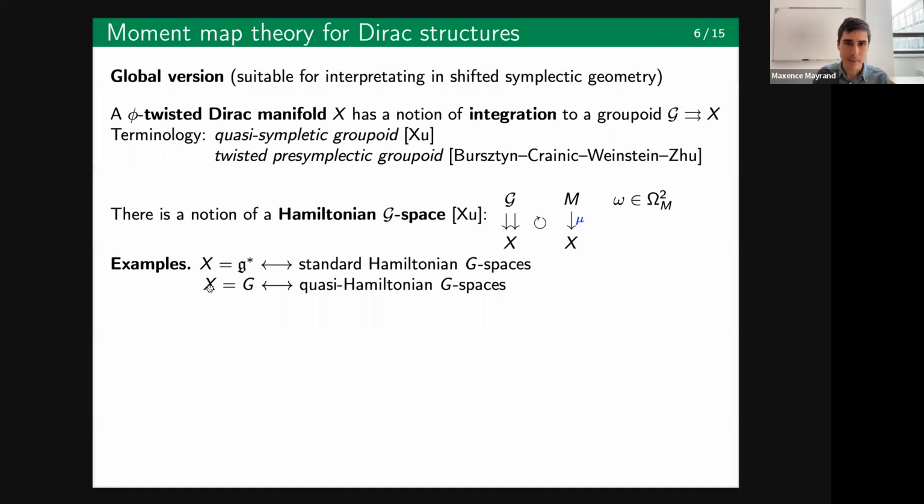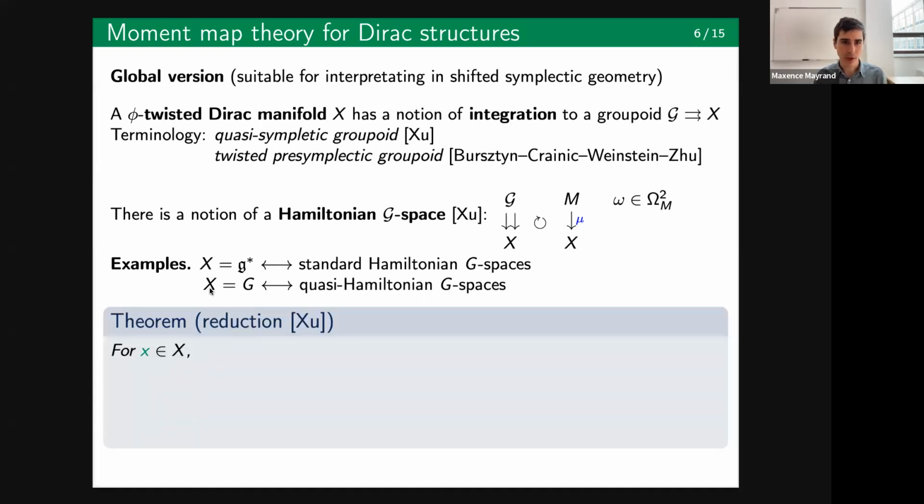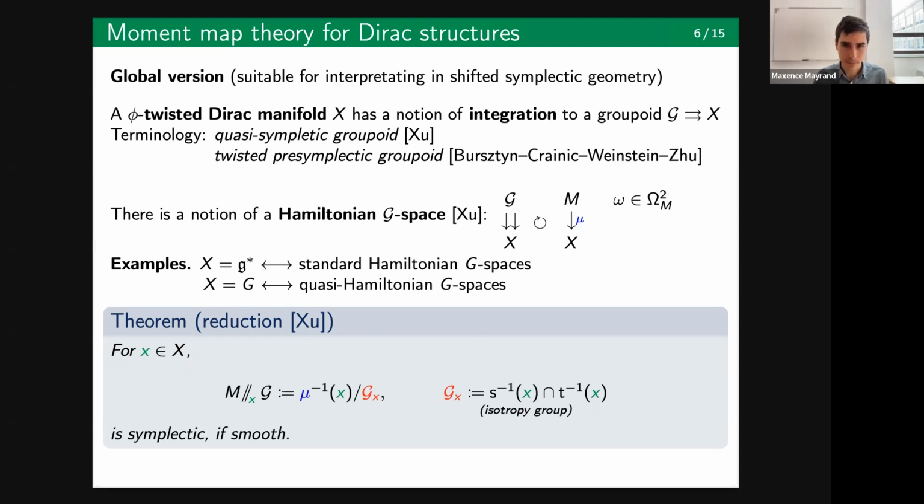Okay, and there's also a reduction procedure introduced by Ping Xu. If you take a point x in the base X, which plays the role of the dual of the Lie algebra, then the preimage of x under the moment map, quotiented by the isotropy group at x, is now a new symplectic manifold, at least if it's a smooth manifold. So that's the reduction procedure.